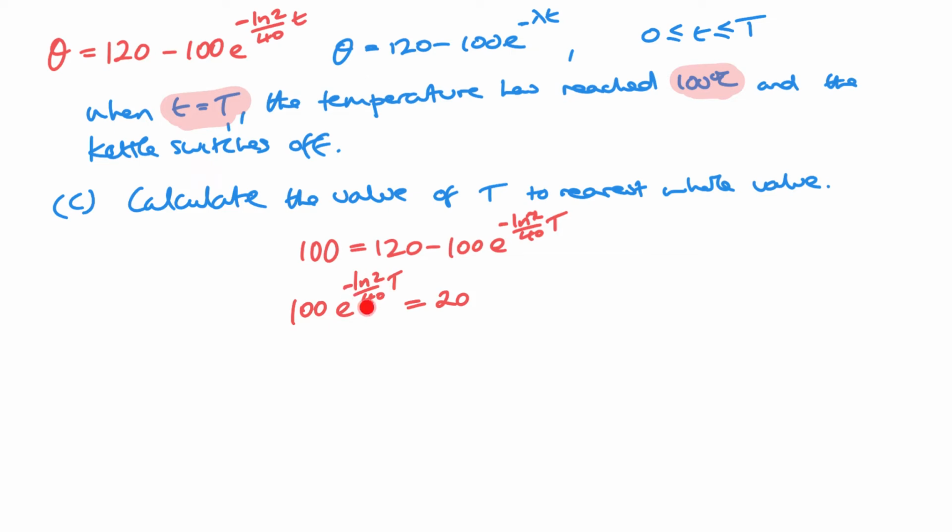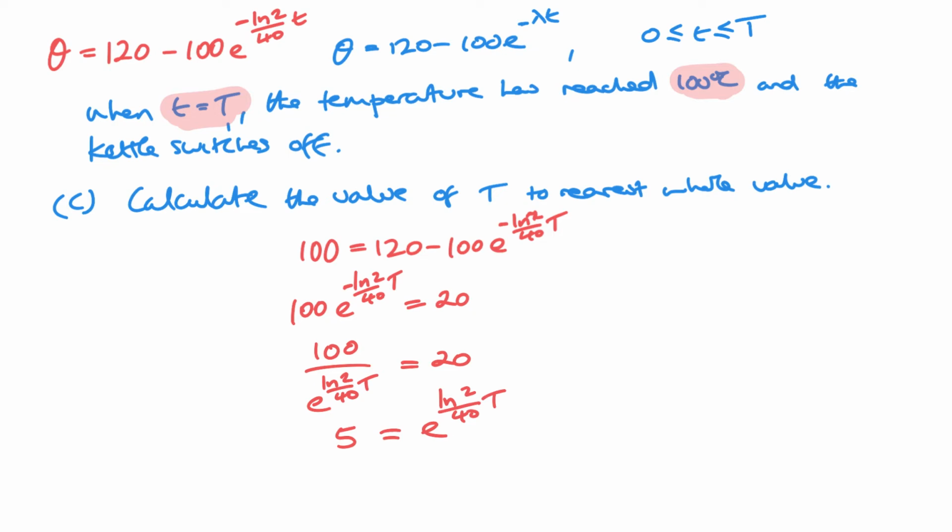Now again, because this is a negative, I prefer to write this as e over the positive (ln 2 / 40)T, which will mean that then I end up with 5 = e^((ln 2 / 40)T).